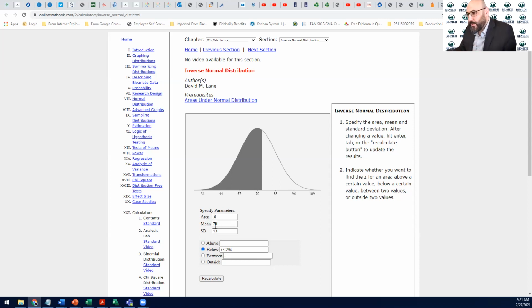All right, so we're trying to find the 60th percentile for this example of the 10-year-old girls, and this is what you need to put: the mean 70, and 13. The area is 0.6, and we need to find the value below the 60th percentile, and that would be 73.294, which is similar to what we have in the answer.